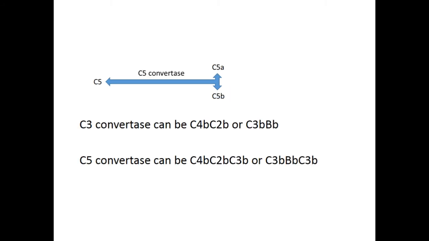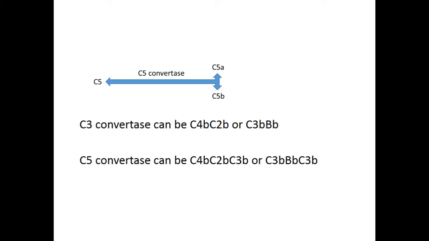Now C5 can get acted upon by C5 convertase and form the anaphylotoxin C5A and C5B. Now coming to the point, C3 convertase can be C4B2B in the classical pathway, or C3BBb in the alternative pathway.